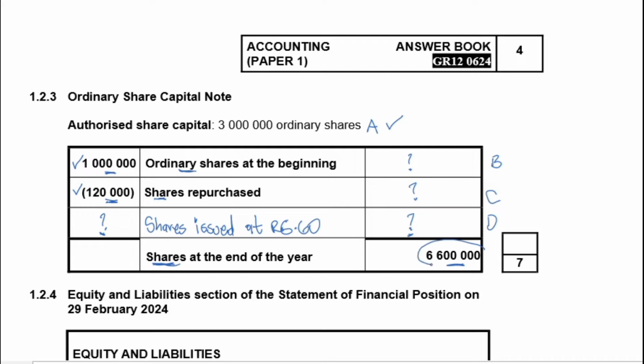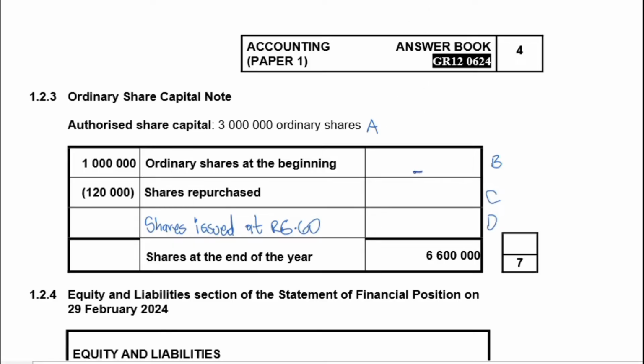This matches with what has been disclosed in the note. The examiner wants us to calculate this figure ourselves. So now that we know what we need to do, let's start from the beginning of the note.